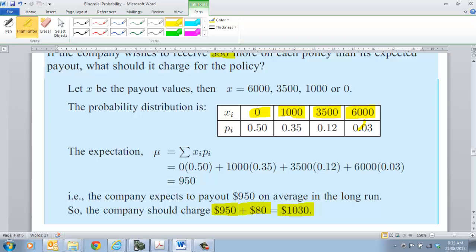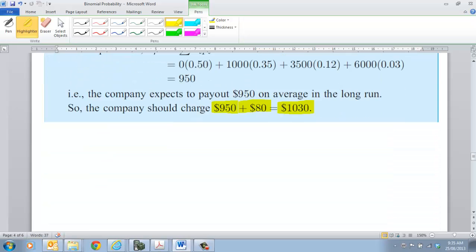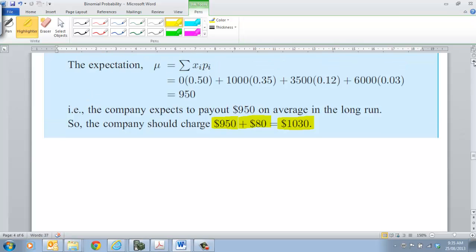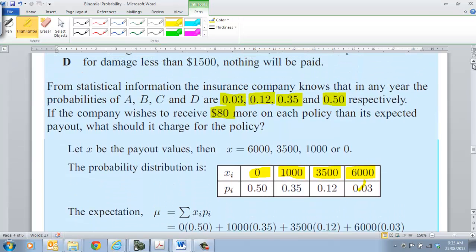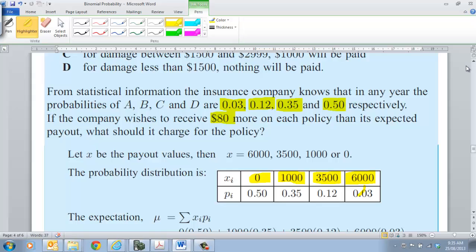Insurance companies will base their premiums on what their payouts have been for the last couple of years and on average, and they insure that way. So that's an example of an insurance company using the concept of a mean and a standard deviation, and therefore it would be expected that you would possibly need to know how to do that for a binomial distribution.